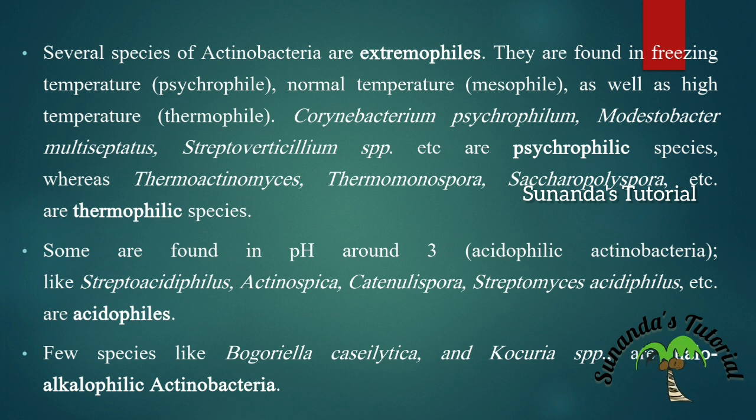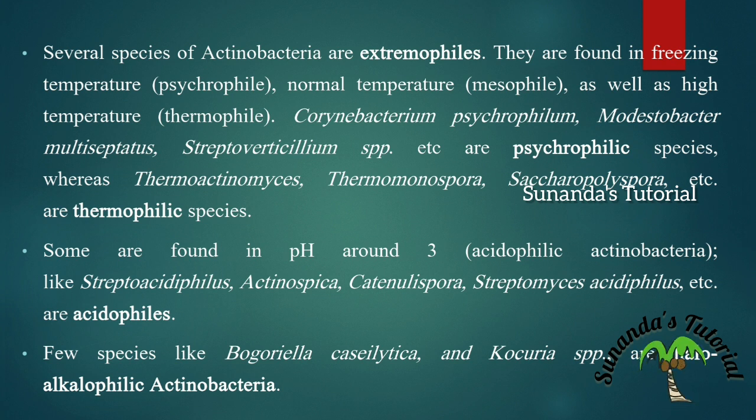Corynebacterium, Modestobacter, and Streptoverticillium species are psychrophilic, that means found in very low temperature, whereas Thermoactinomyces, Thermomonospora, and Saccharopolyspora are thermophilic species. Likewise, some species are found in very acidic conditions.